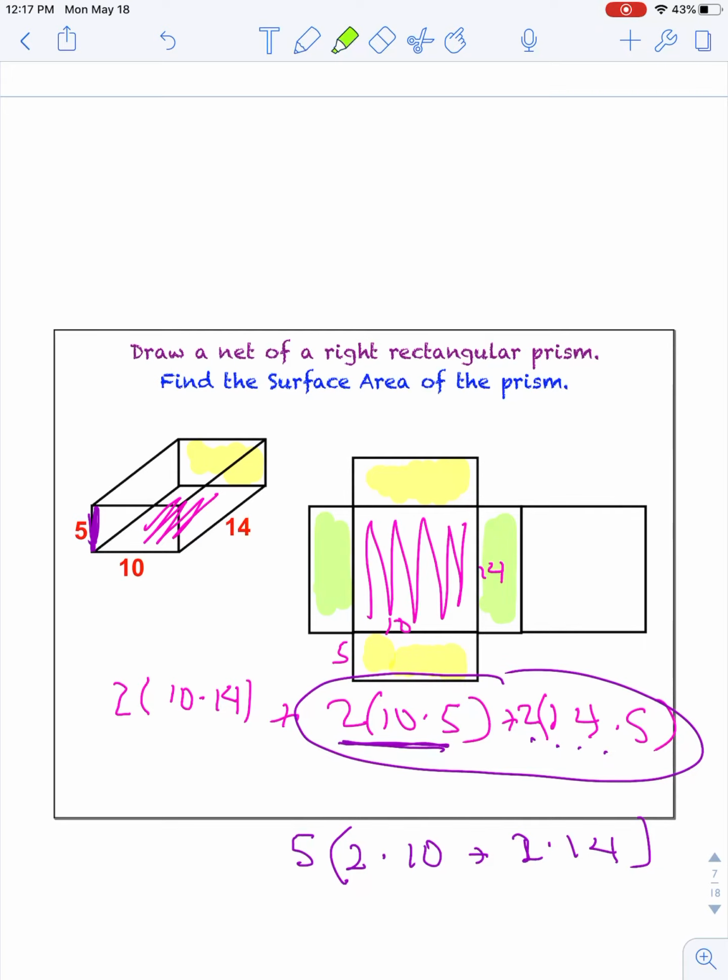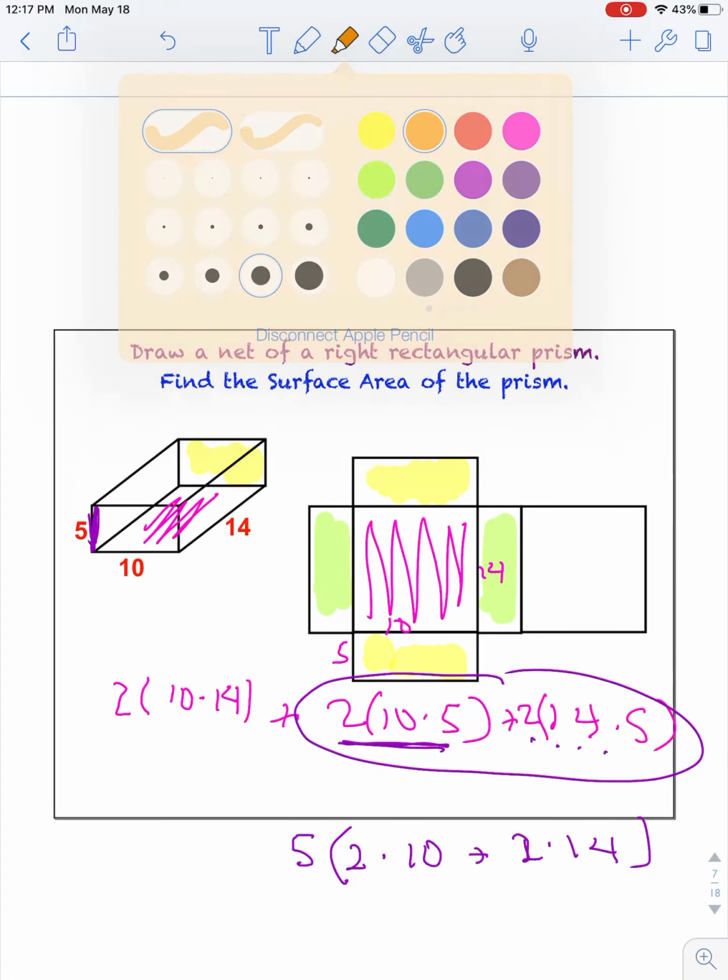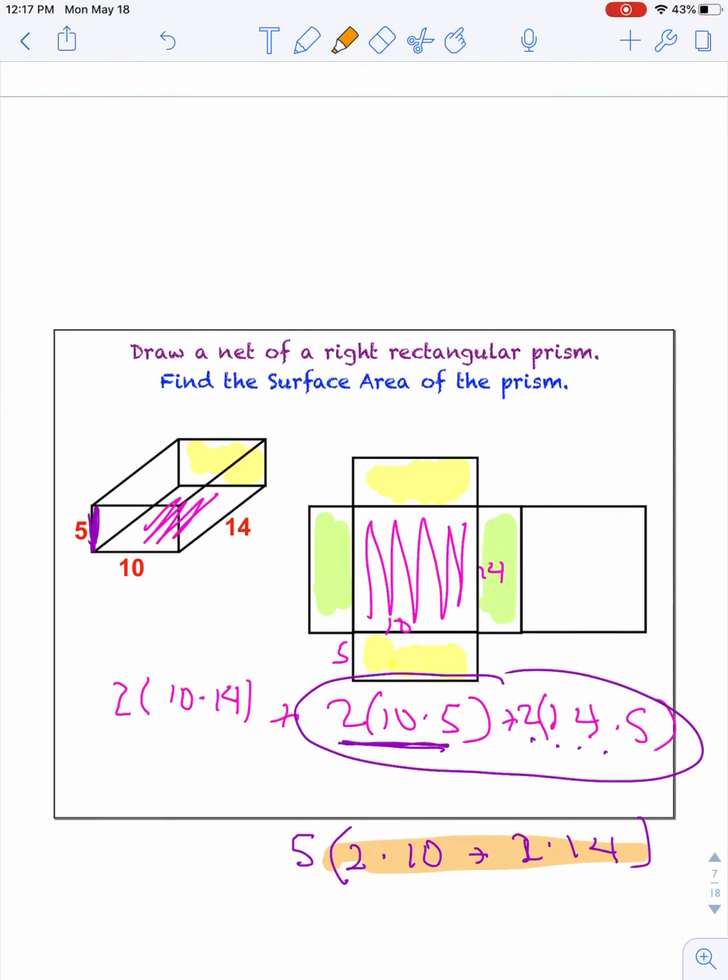What all of this really is, is the perimeter, because you're taking 10 and 10, that's 10 times 2, and you're taking 14 and 14, 14 times 2, and that inside there is really our perimeter.